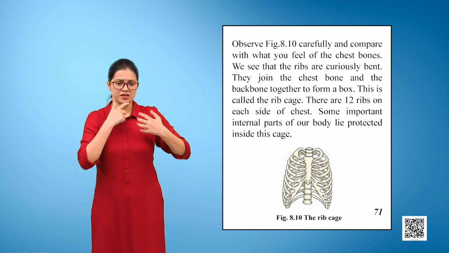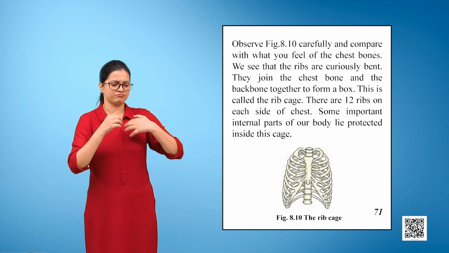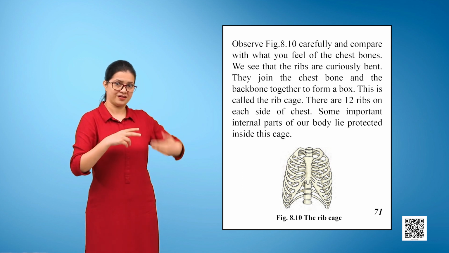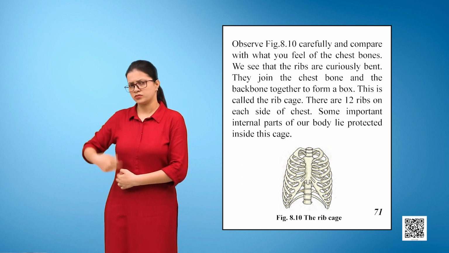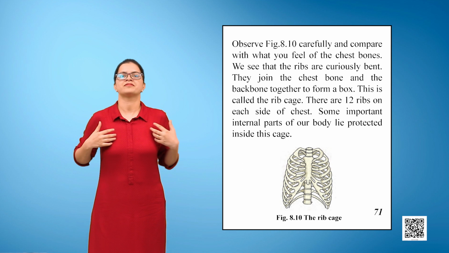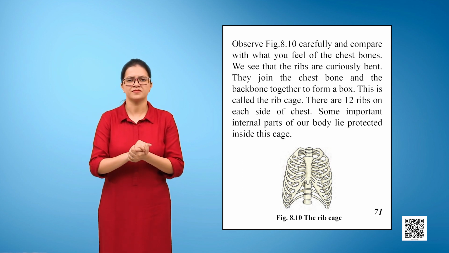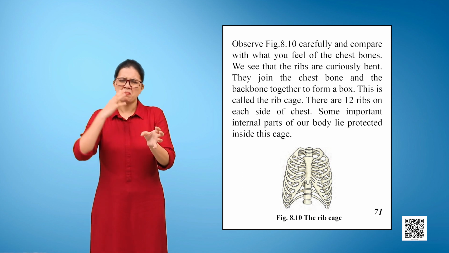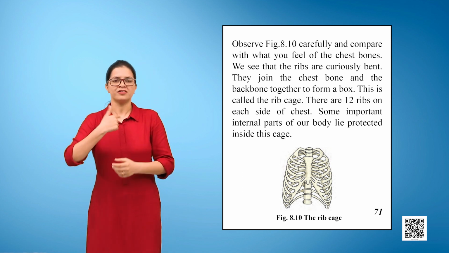There are 12 ribs on each side of chest. Some important internal parts of our body lie protected inside this cage.